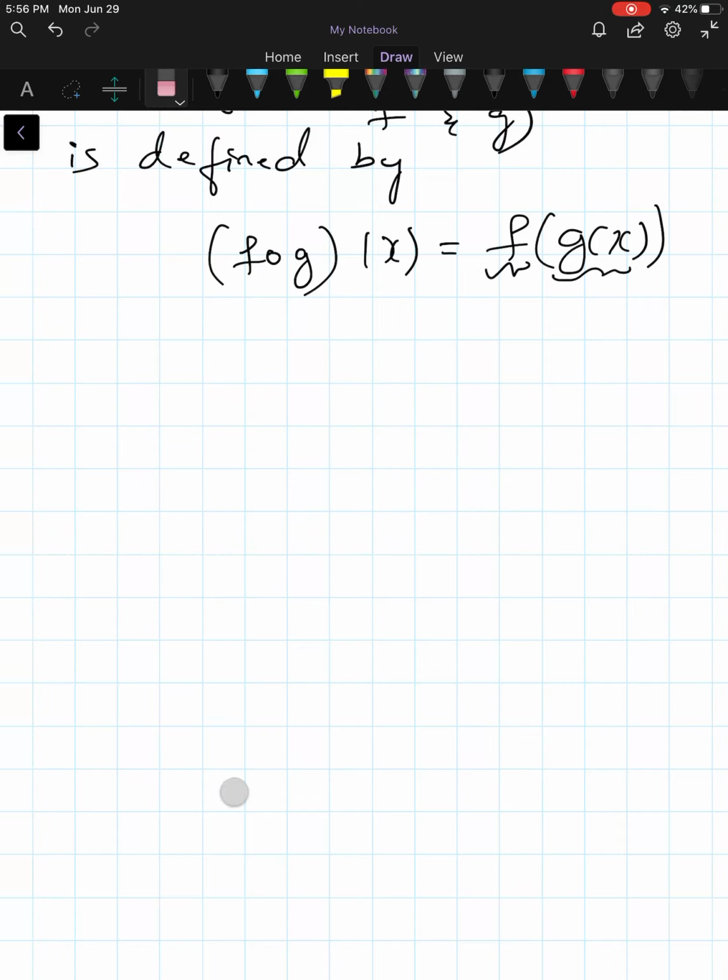Now let us represent this composition of functions in terms of a machine diagram and an arrow diagram. In the machine diagram, you can see that there are two functions, so you will need two machines, correct? One machine is the g machine, the other one is the f machine.